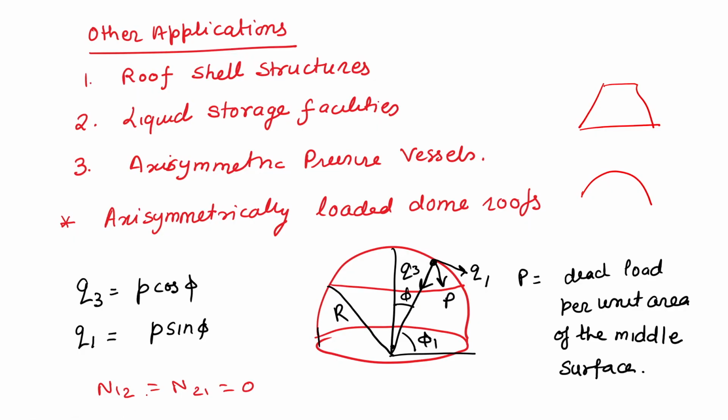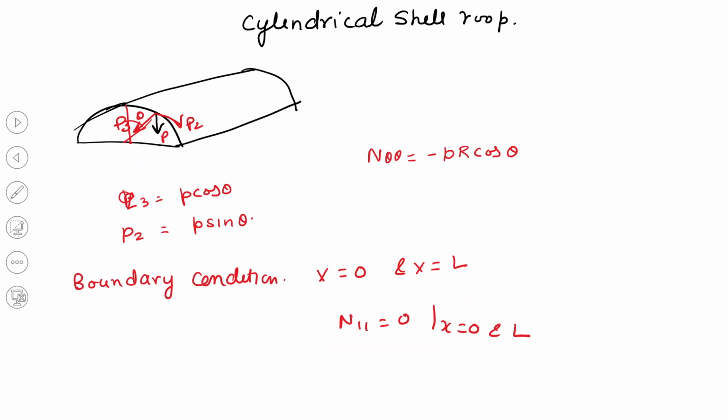If the loading components are not defined properly, then it will be a problem, because once you know the loading, the equations are very simple. And further, for the case of axisymmetry, the in plane components of stress resultant 1, 2 and 2, 1 can be taken as 0.